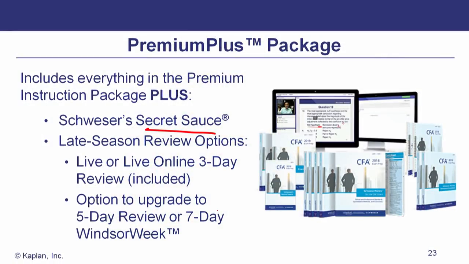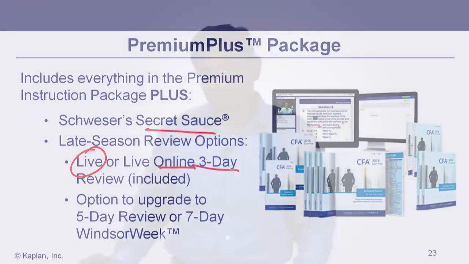It also includes a late season review option, either a 3-day, 5-day, or 7-day workshop. The baseline Premium Plus includes a 3-day, offered live in multiple cities, or you can take it online as well. And you have an option to upgrade if you want a 5-day or 7-day Windsor week package.